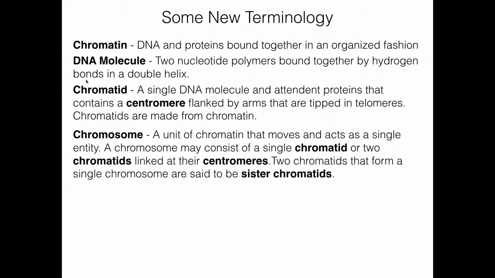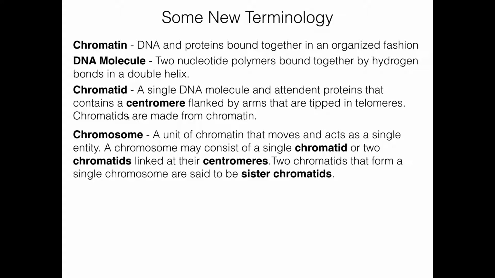A single DNA molecule and all of the proteins that go into making it chromatin, which are mostly proteins called histones, which are organizational proteins that the DNA is wrapped around, that's called a chromatid, right? So a chromatid is all of the DNA and all of the proteins in one molecule of DNA.